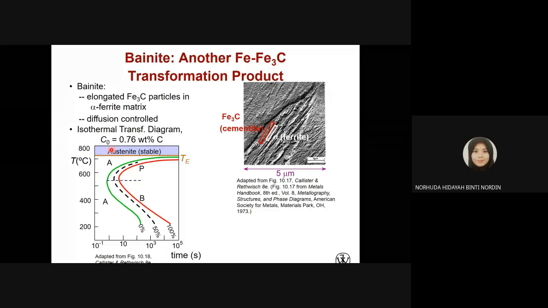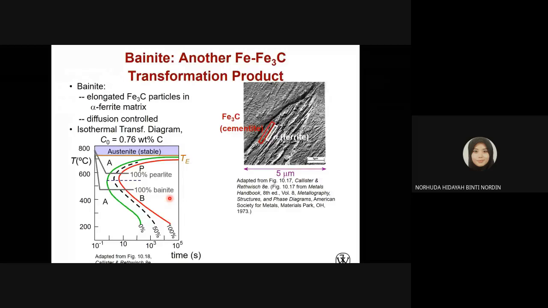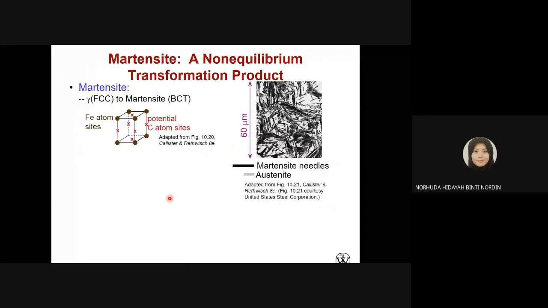It's controlled by diffusion. Now you see that at this region it is 100% pearlite. But if you cool it down below 600, we'll get bainite.